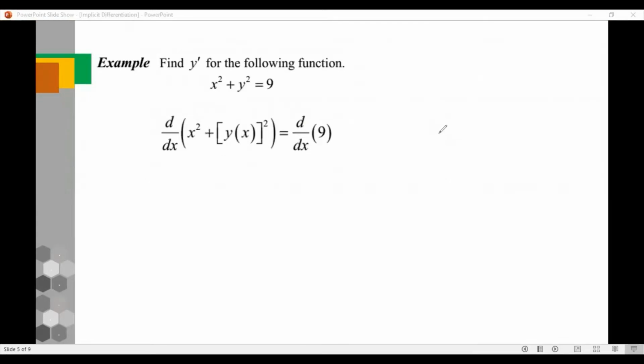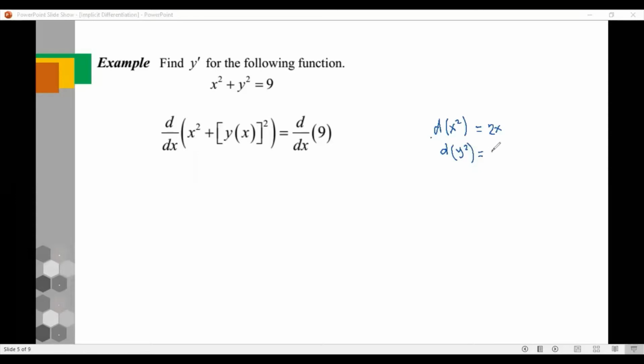Let me write here the derivative of x squared with respect to x. Because this is x, we simply say the usual 2x. It's the usual taking of derivative. But in case the variable is different, like we are talking about x and we have y here, then there's always a difference in our answer.